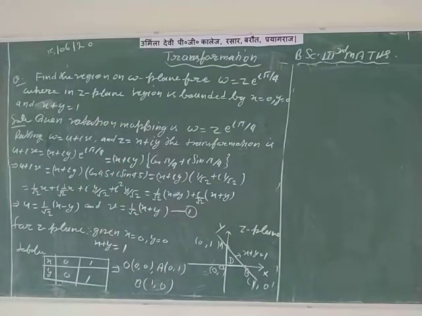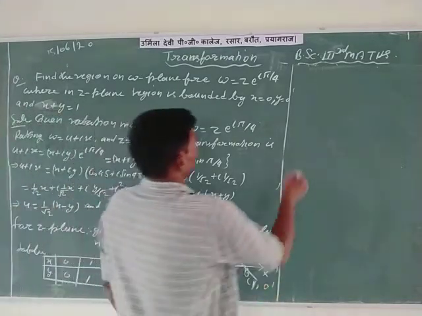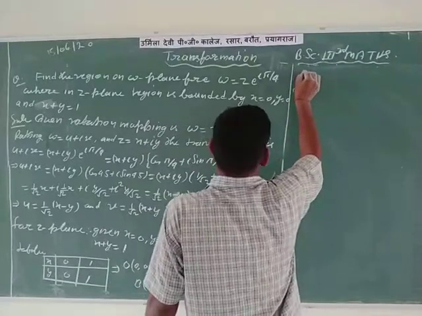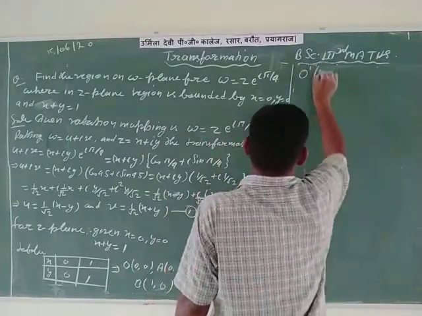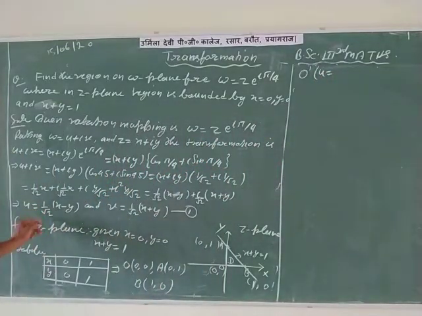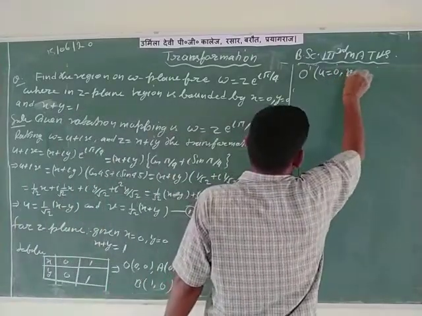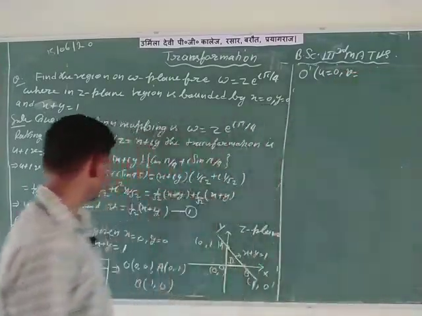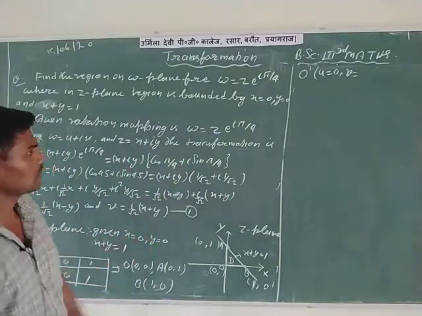In equation first, putting the value of x and y, the coordinate of O, corresponding coordinate denoted by O dash: u coordinate is equal to 0 minus 0, total is equal to 0. So 0, and v coordinate here is 1 by under root 2 times x plus 0, and 0 plus 0 is equal to 0.